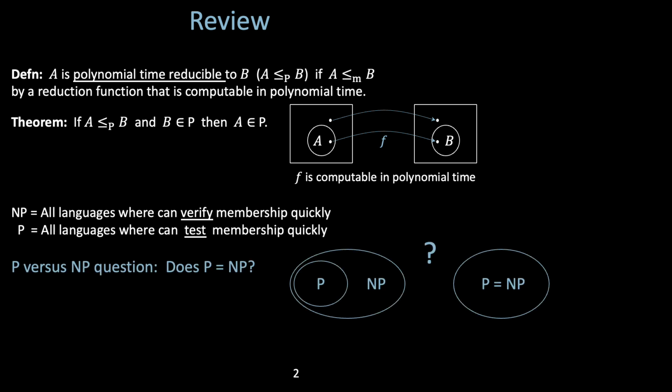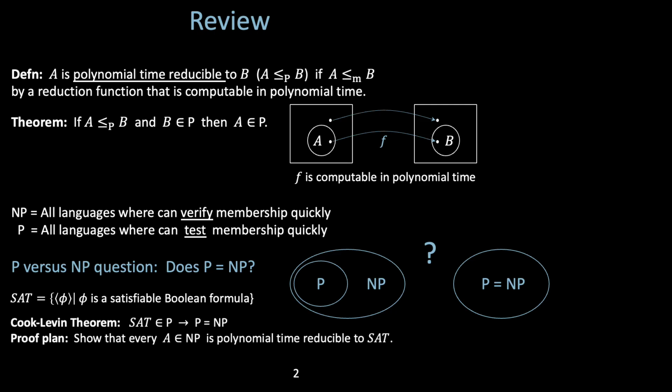The P versus NP question is whether P equals NP. And then we talked about SAT, which is the language of satisfiable Boolean formulas. The Cook-Levin theorem says SAT is in P implies that P is equal to NP. The idea for the proof is that you would show that every A in NP is polynomial time reducible to SAT.